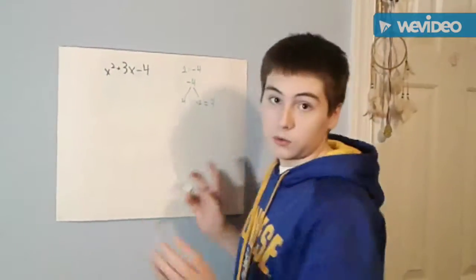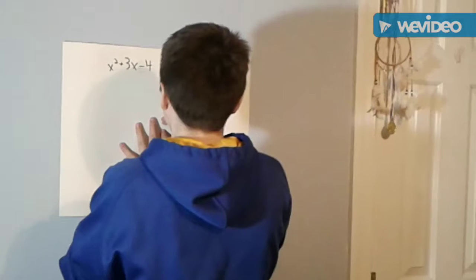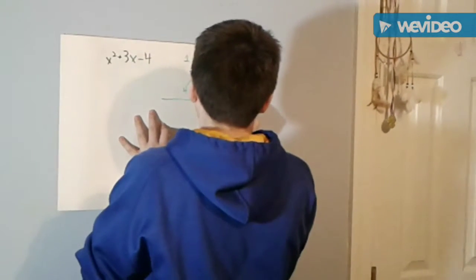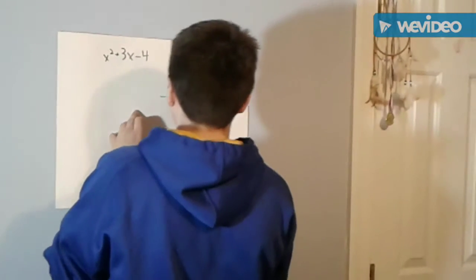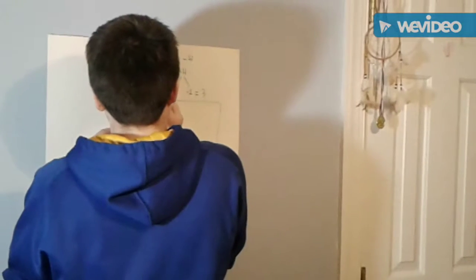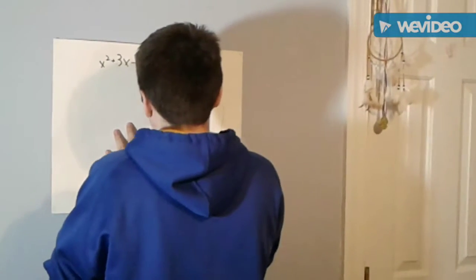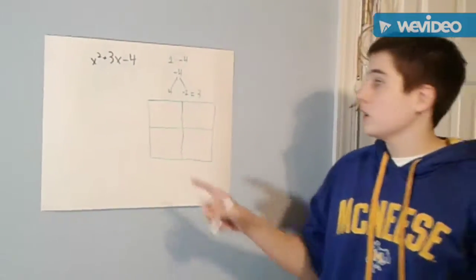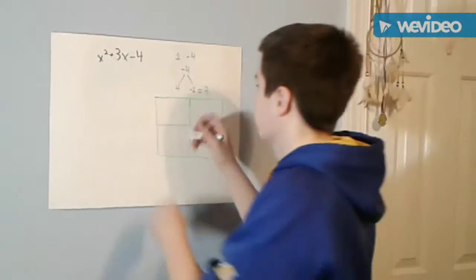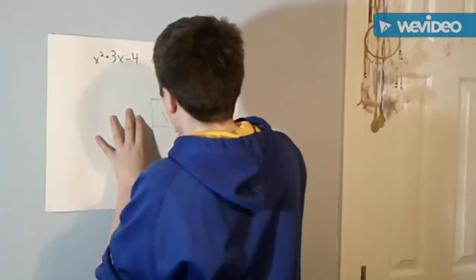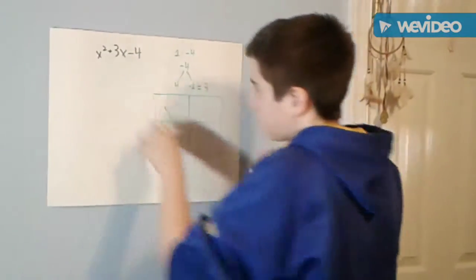Now, after you have this, well, this is my method of it. You're going to draw a box like this, and you're going to take what you had before, your a value, which is 1 in this case, so just x squared.